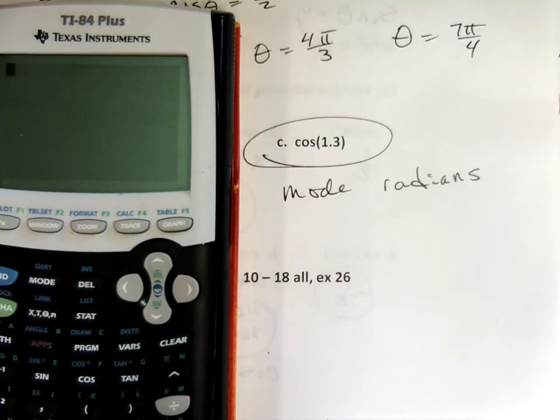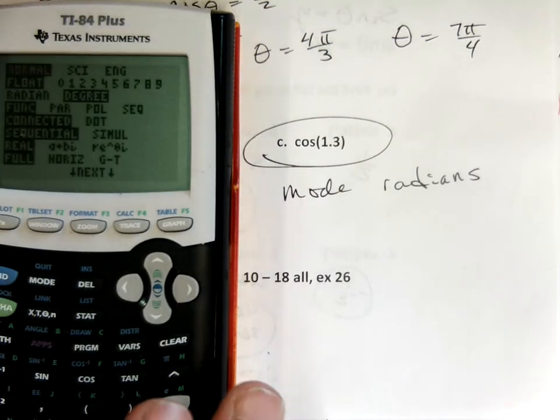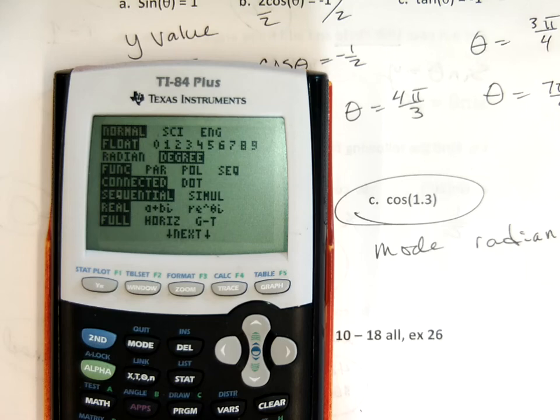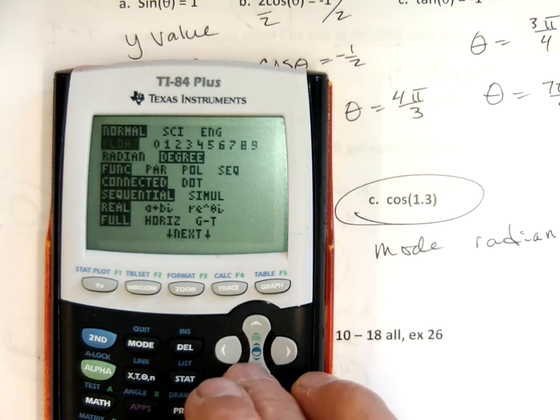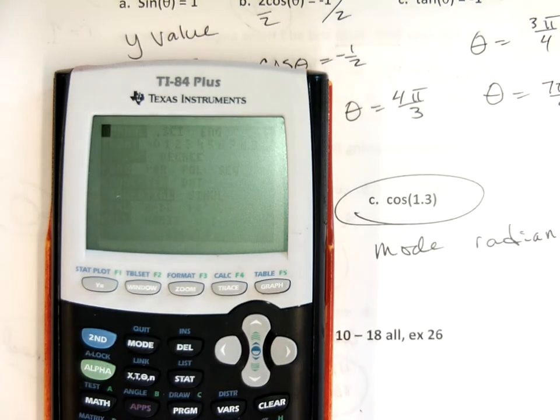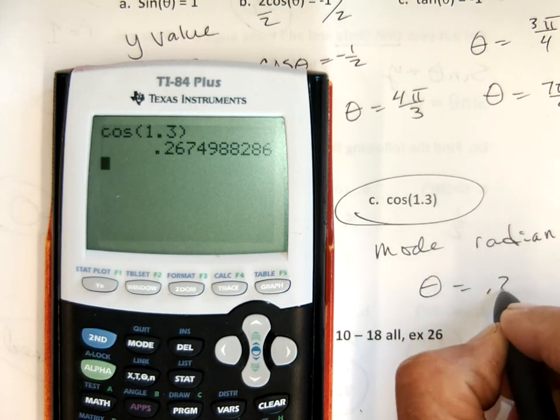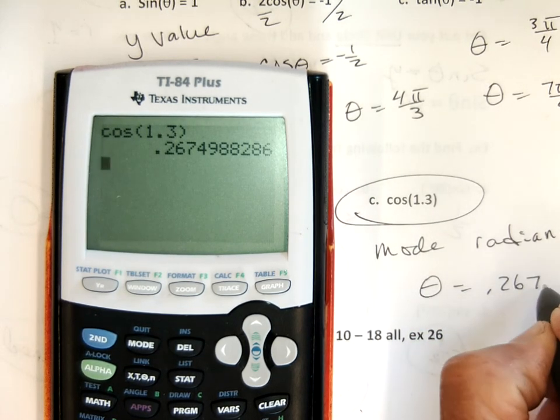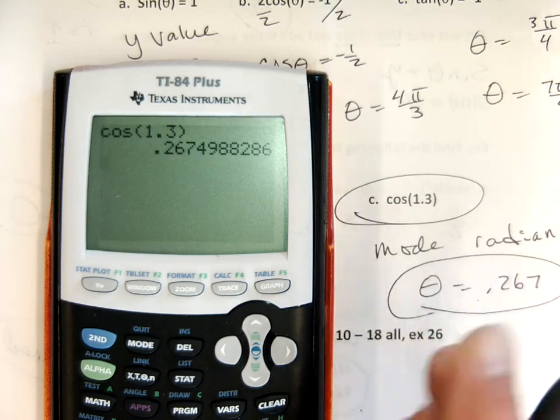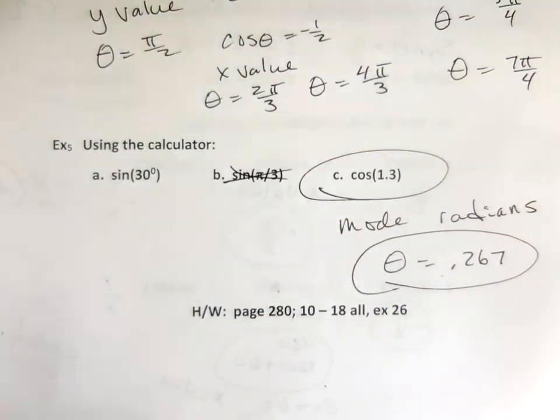If it says calculator, you got to be careful in your mode. You got to change your mode to radians, and then just do cosine of 1.3, and you get an answer about 0.267. Okay, that's a big day, right? Lots of stuff.